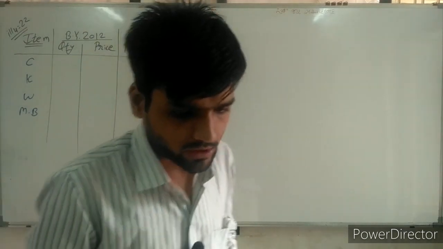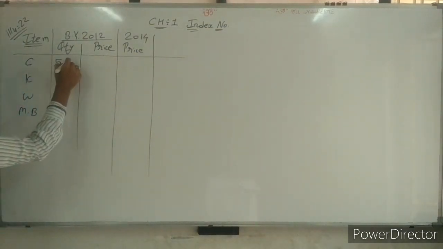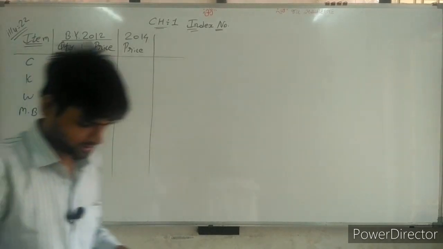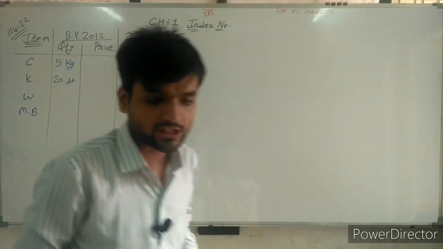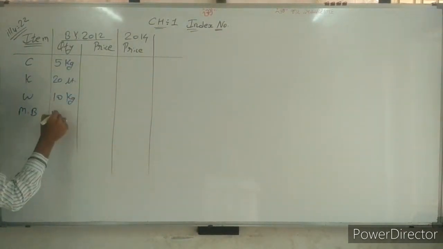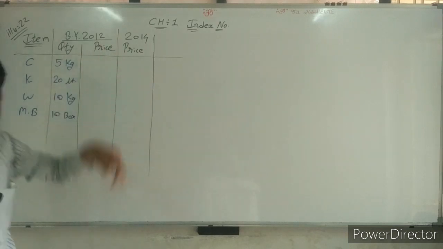Against them, values given: 5 kg, 20 liter, 5 kg, 10 boxes. In this way, quantity is available, price is available.